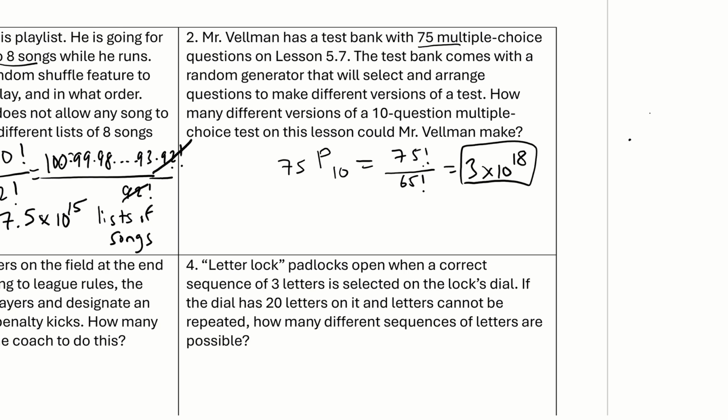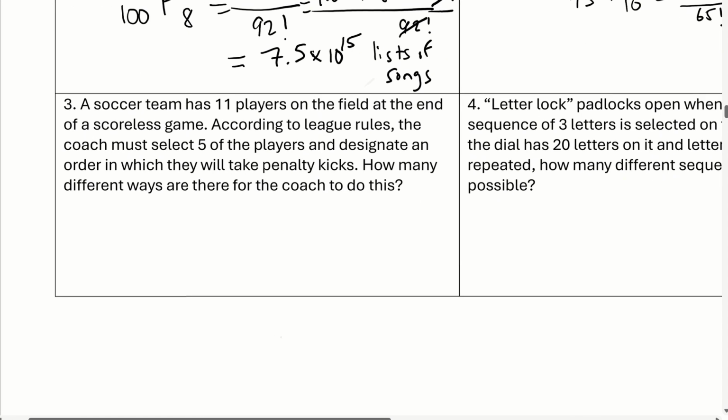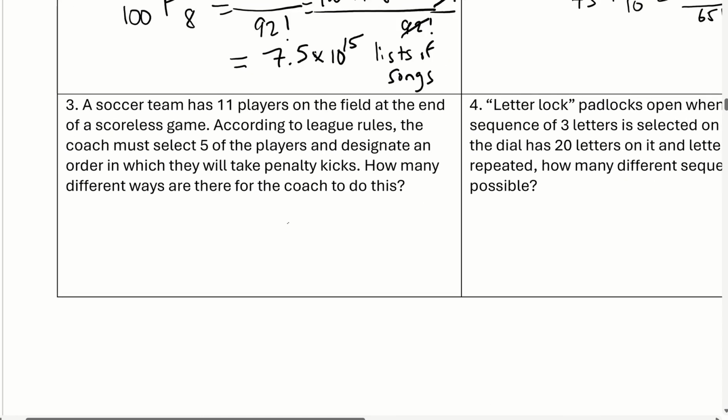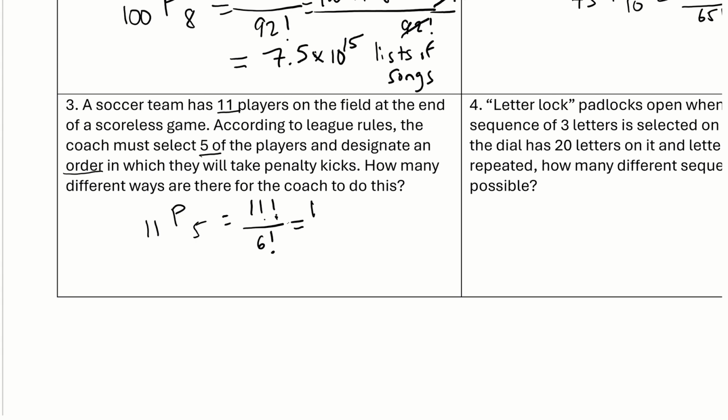All right. A soccer team has 11 players on the field at the end of a scoreless game. According to league rules, the coach must select 5 of the players, so we got 11 players, 5 of the players, and designate an order in which they will take penalty kicks. All right, so it's 11 permute 5, so 11 factorial divided by 6 factorial. So we could just write the answer using the calculator.